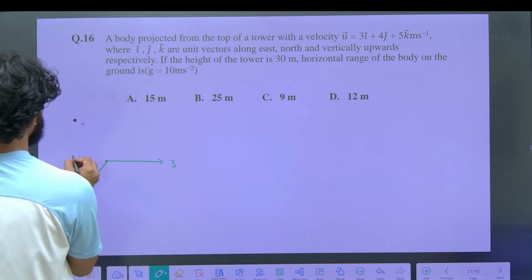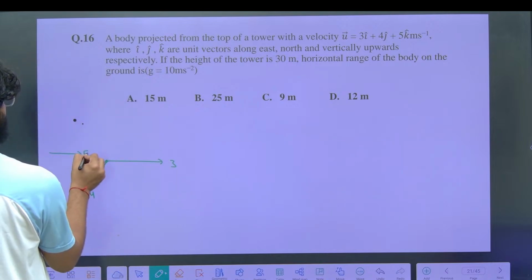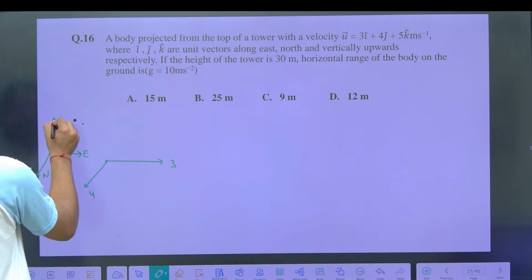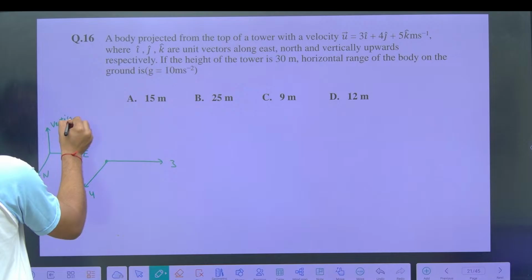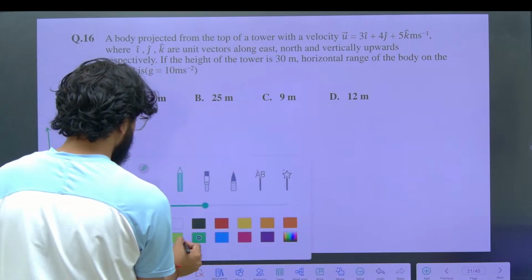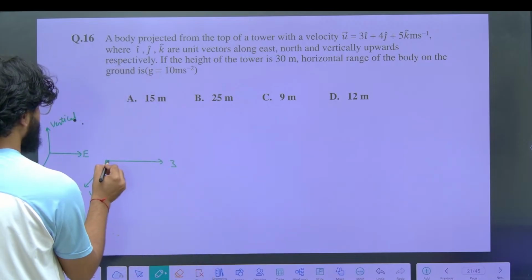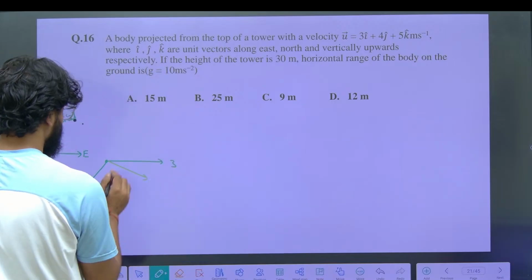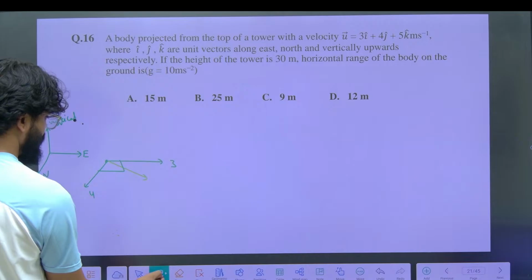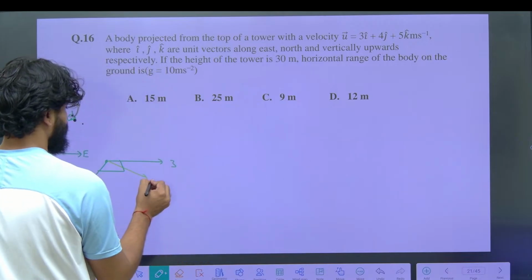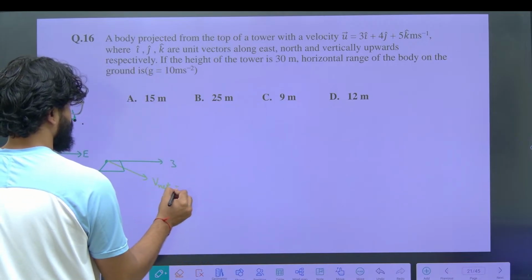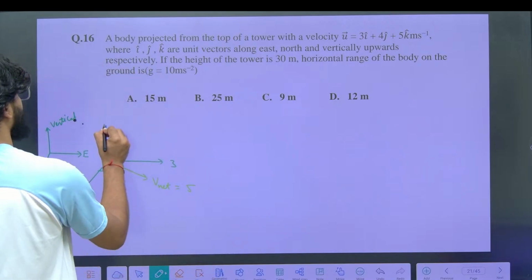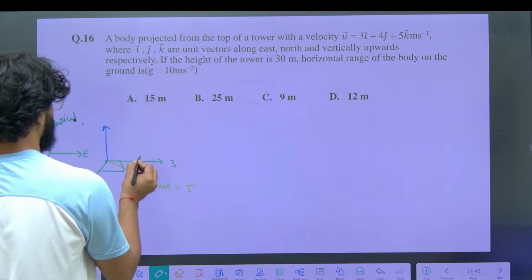Let's consider this as east, this as north, and this is vertical. Because they are at 90 degree, the magnitude of it is 5, and in vertical direction you are also throwing the guy with 5.